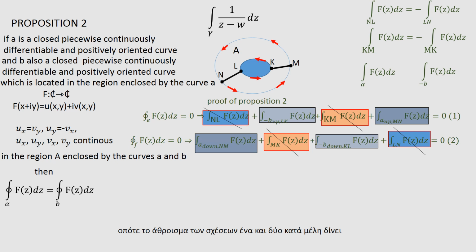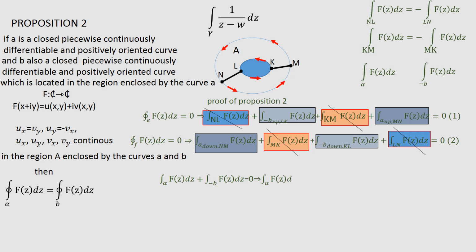So the sum of relations 1 and 2 by terms gives, and the proposition was proved.